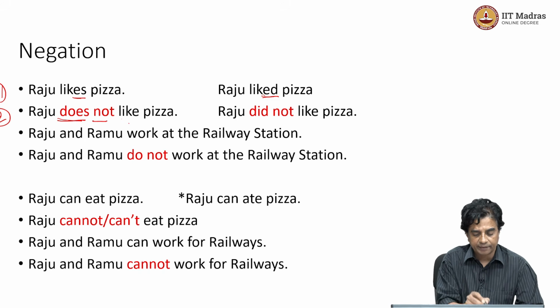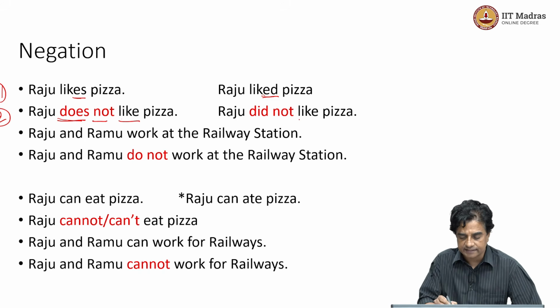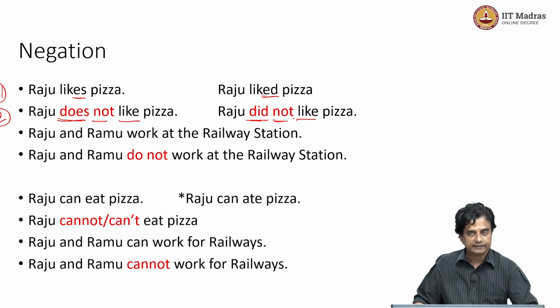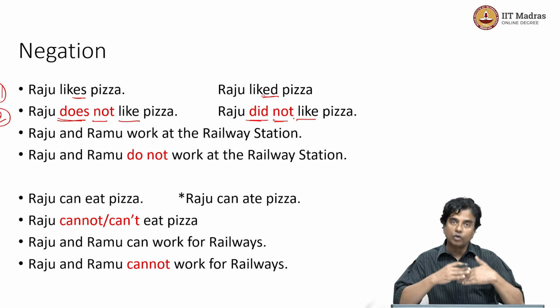Tense and number is separated from this main verb. Same thing happens in the past tense. From this main verb, tense gets separated because of this intervention of the negative element. So we are only using the negative sentences here to show you the intervention of tense. That is how tense is on the verb.